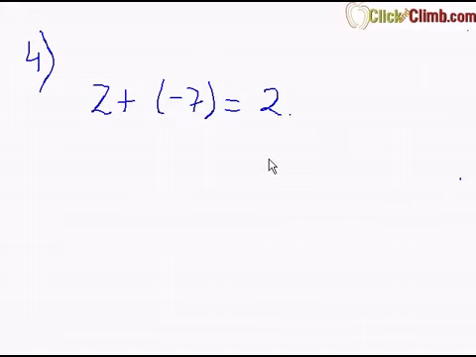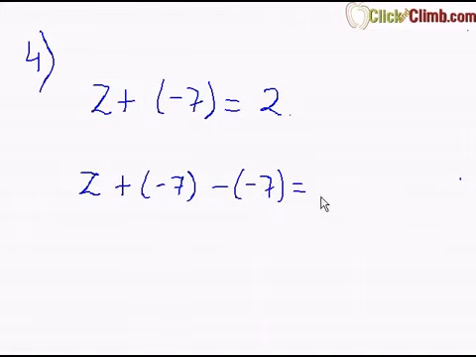Here the number is negative, that's the only difference, so I need not worry about that. I will write z plus negative 7 and subtract the negative 7, and what I do on one side I'll do on the other side. So 2 minus negative 7. Just notice that I am subtracting the negative 7 on each side. That is the more important thing to understand here.